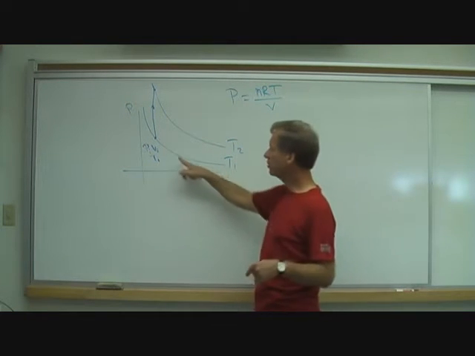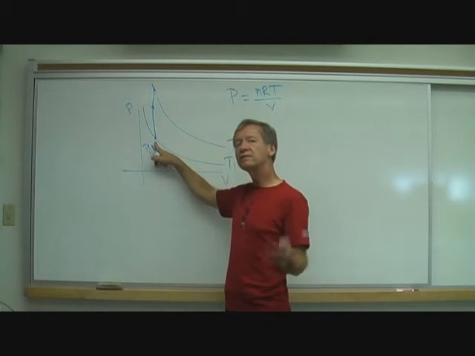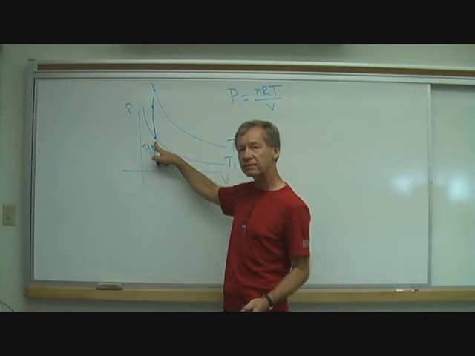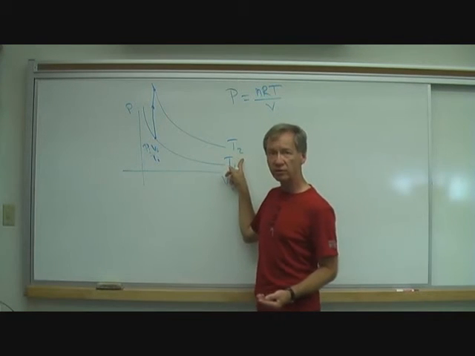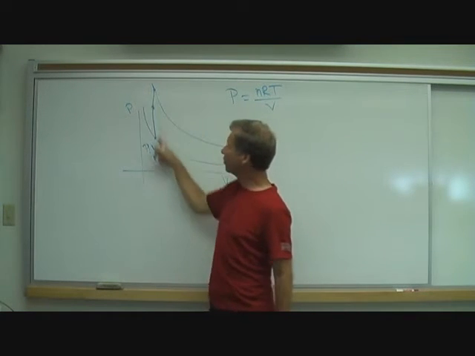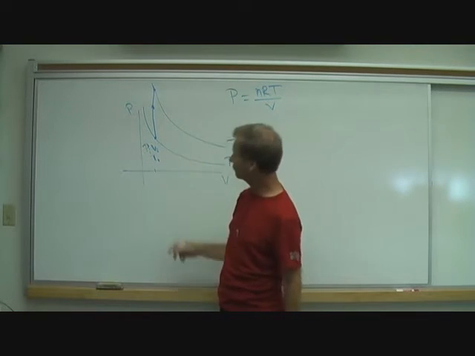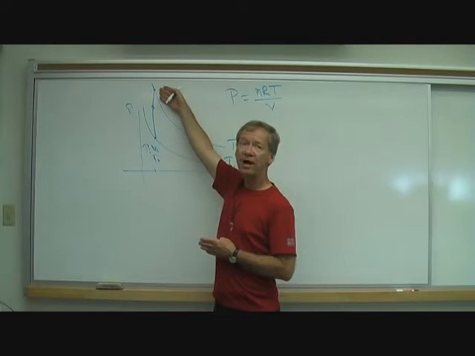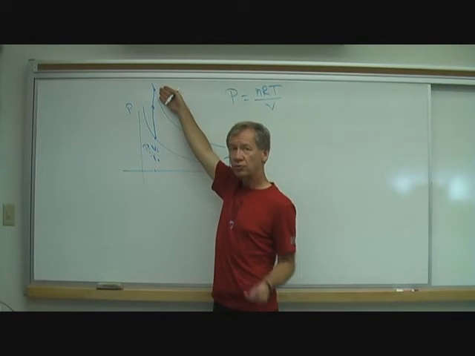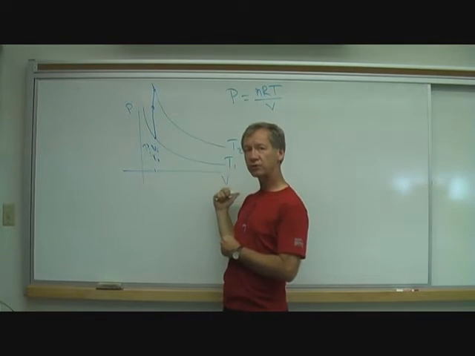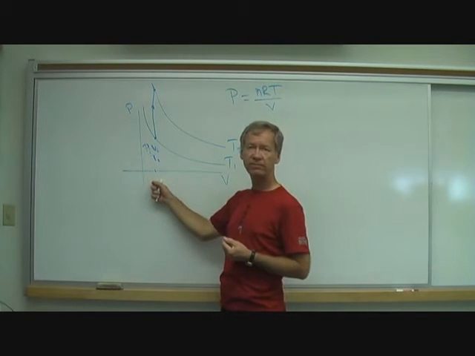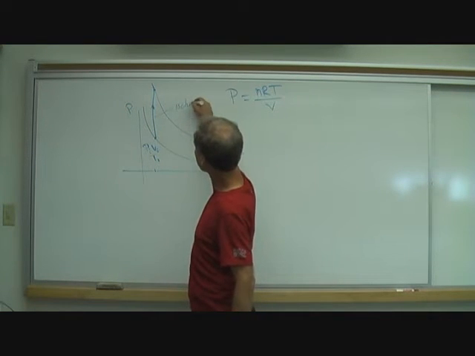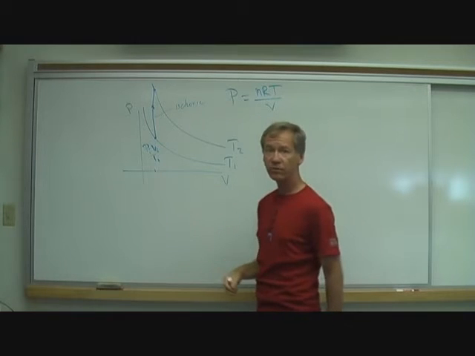If we start here and we do a constant volume process, absorbing heat during this constant volume process, to get to the second temperature, then it has to follow that line because it's a constant volume line. So there's the new spot that we would end up at, the new pressure for that new temperature at this specific volume. So this one is the isochoric or constant volume process.